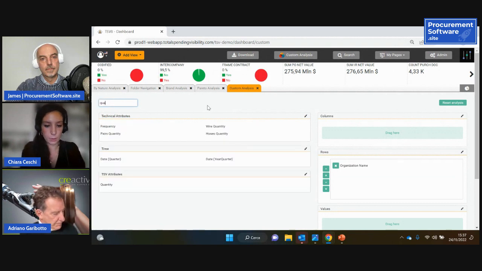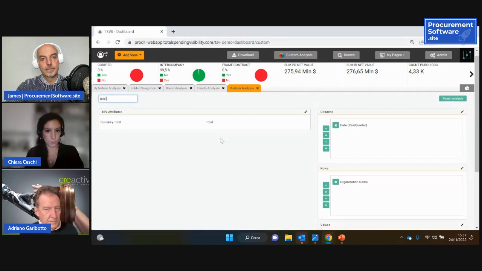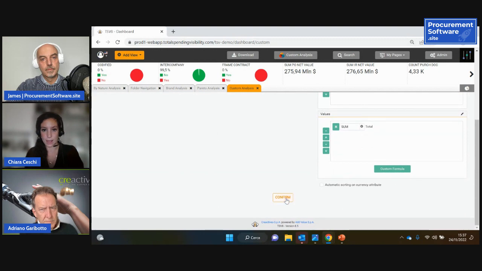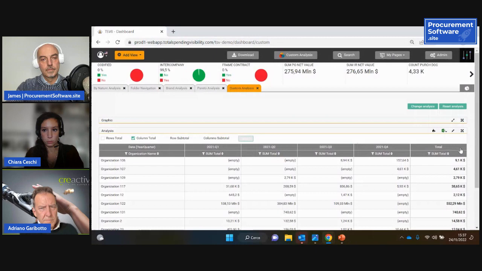So let's say that we want to split the analysis by quarters and see what the spend is for this. Let's add the column total and see.